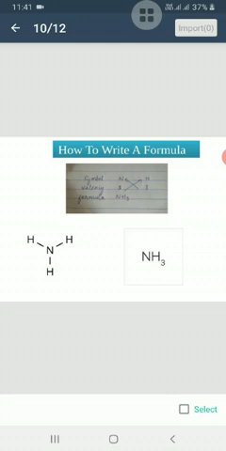Now interchanging the valencies and writing them as subscripts, we get the formula of ammonia, NH3. So 1 atom of nitrogen combined with 3 atoms of hydrogen, they complete their outermost shell and make a bond with each other, and we get ammonia, NH3.